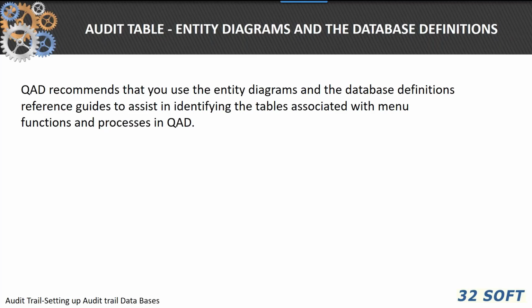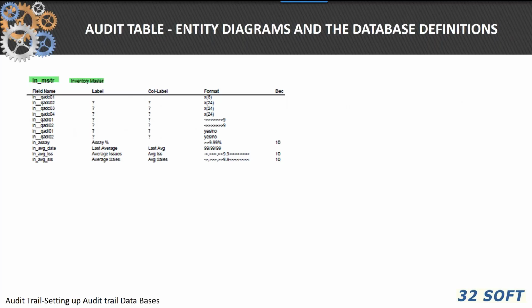QAD recommends that before you use Audit Trails, and you as a user can define which tables and which fields are going to be audited, you look at entity diagrams and database definition reference guides to assist you in this process.